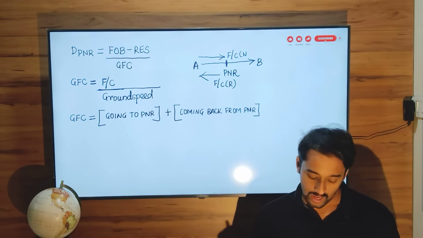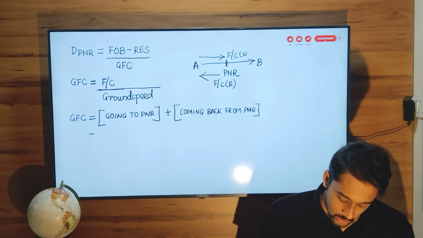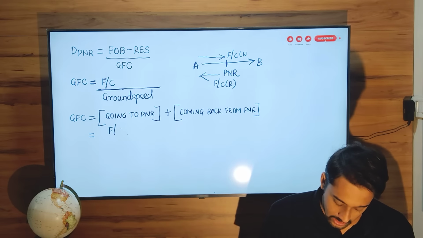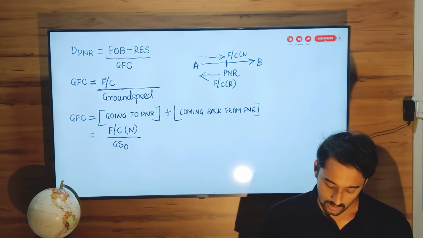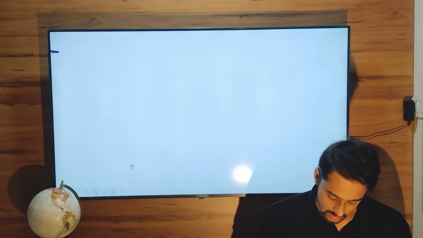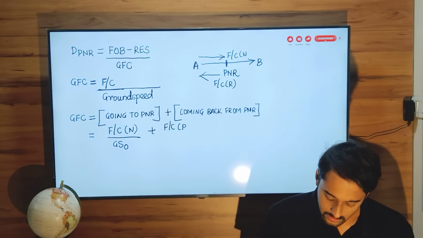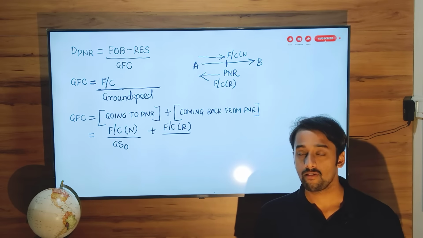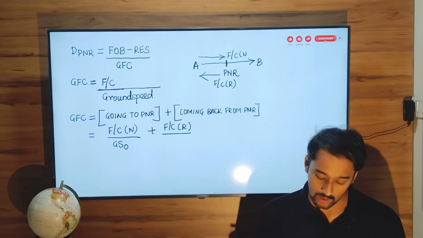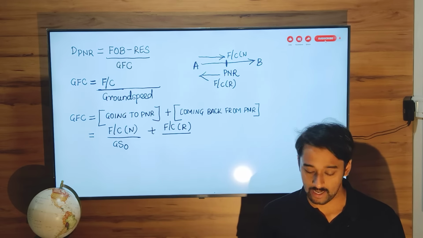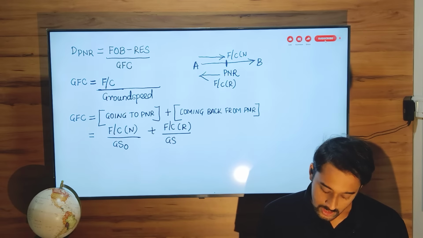Then we are going to add both of them and we will get a particular value. So going to PNR, our fuel consumption rate is normal divided by ground speed outbound, plus coming back, our fuel consumption rate will be reduced because of engine failure, divided by ground speed homebound.